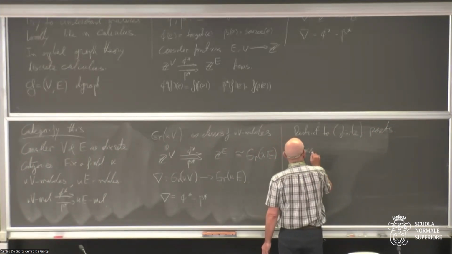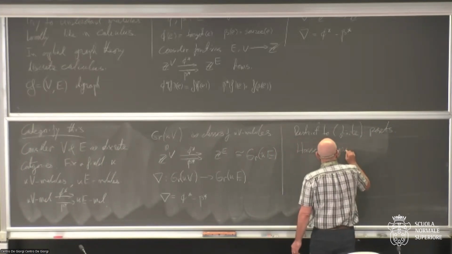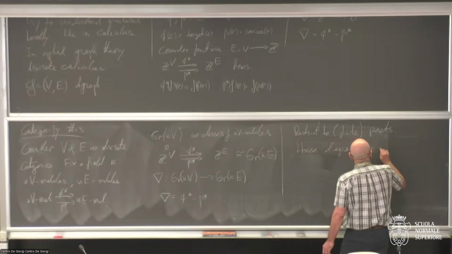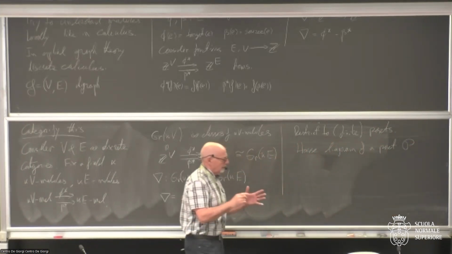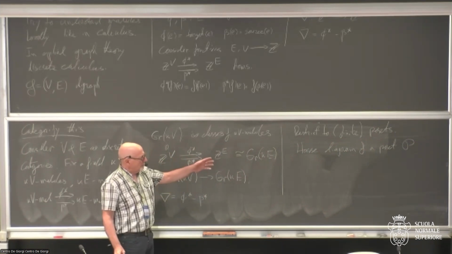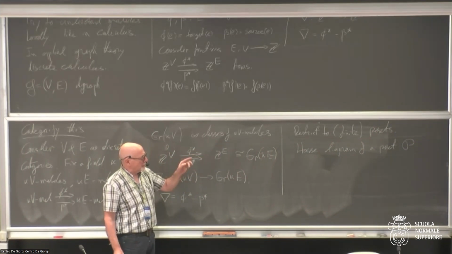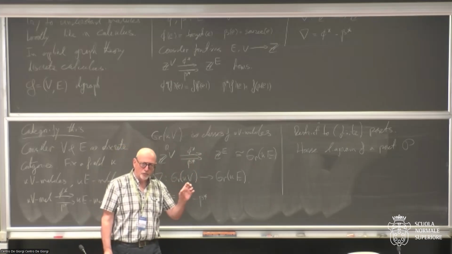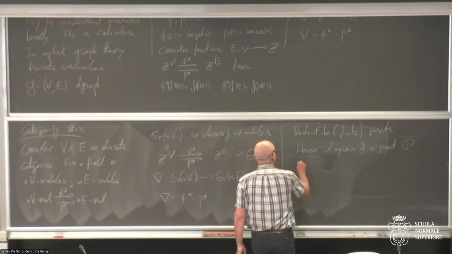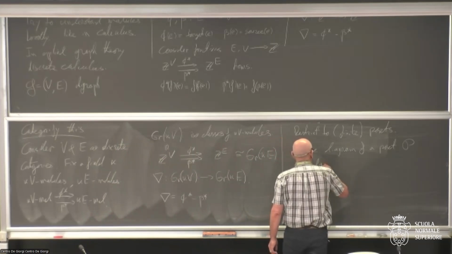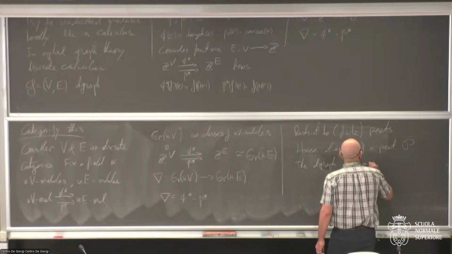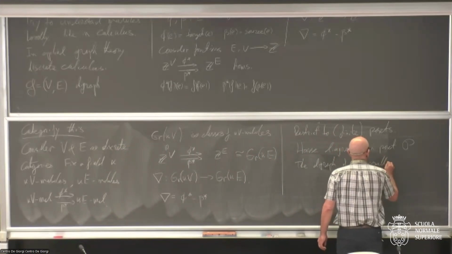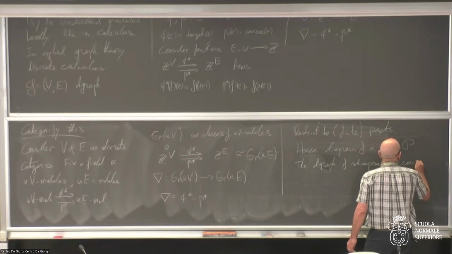The Hasse diagram of a poset P is nothing but the digraph with the same vertices as the objects of P, and with morphisms which are the indecomposable arrows in P. So the digraph of indecomposable arrows in P.